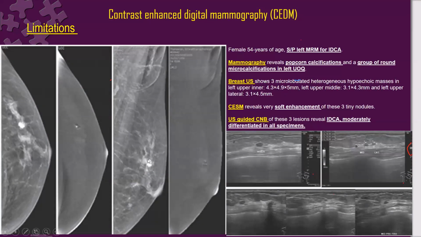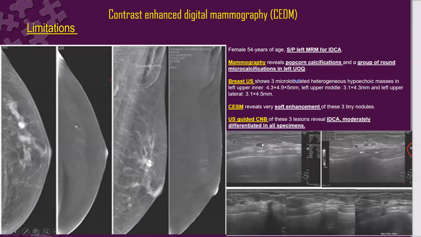And in this case here, the mammogram demonstrates popcorn calcification and a small group of round microcalcification in the left breast. Doing ultrasound demonstrates all these small, tiny, irregular masses.